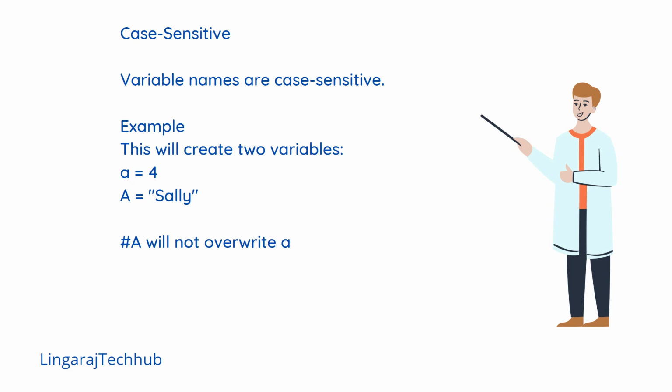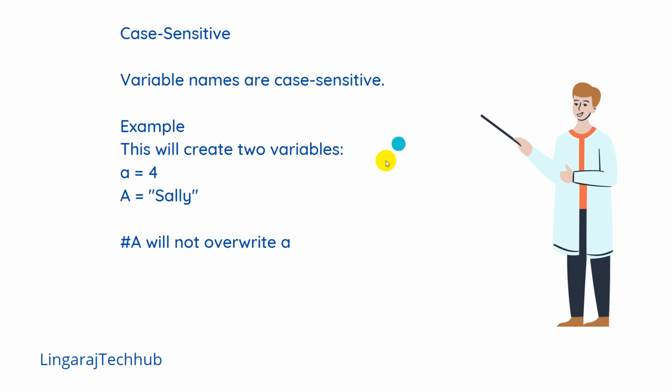Suppose a equal to 5 and capital A equal to 5: the data is the same but the locations are different. Our mindset is that both names are the same, but the computer decides that both names are different and the data is different.